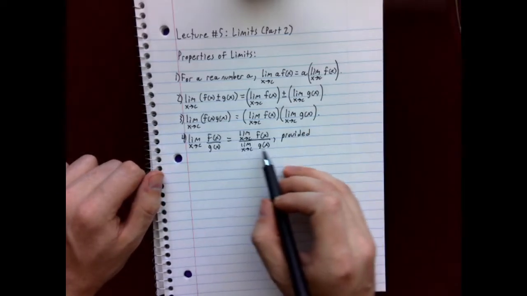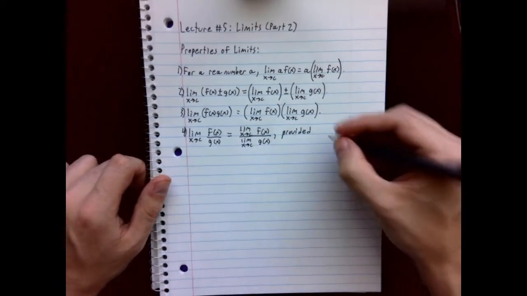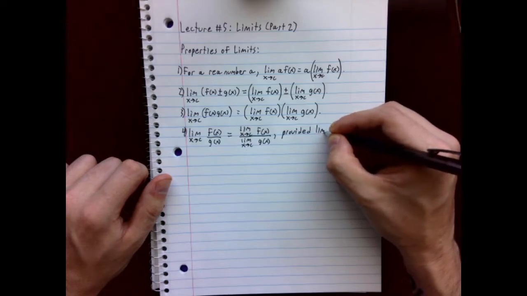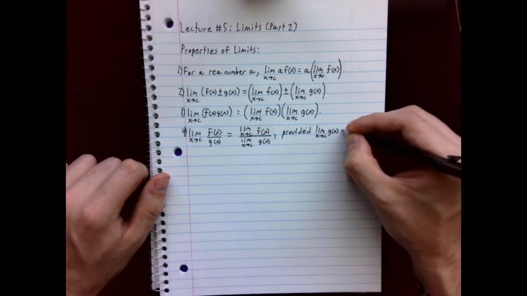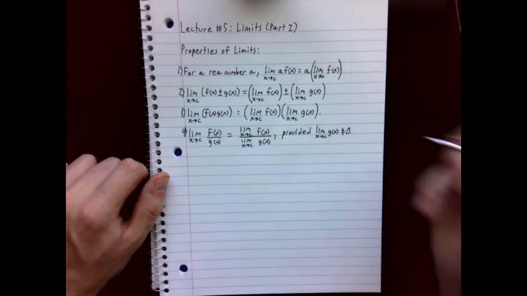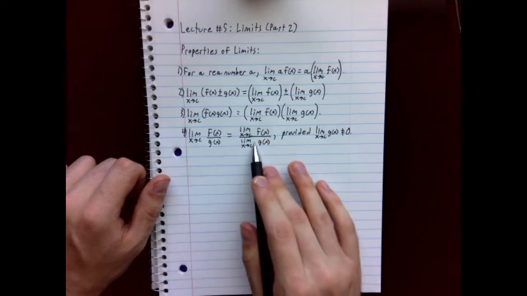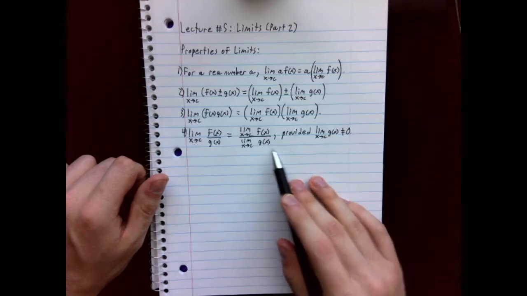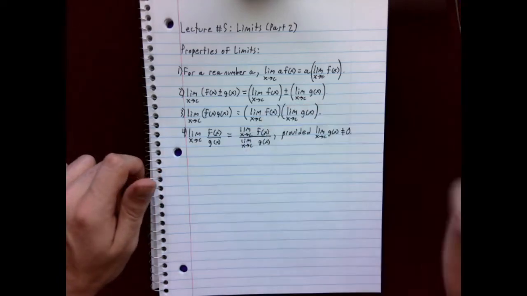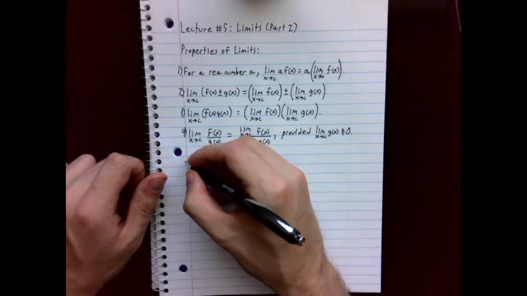We need this expression in the denominator of this fraction to be non-zero. So provided that the limit as x approaches c of g of x is not equal to 0. Okay, so you can break apart a limit of a quotient as the quotient of the limits, provided that the limit of the denominator is not 0, because otherwise you're dividing by 0, which we don't allow.